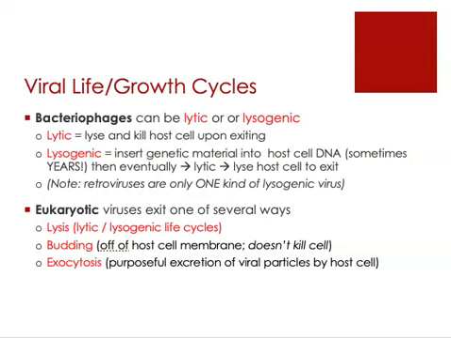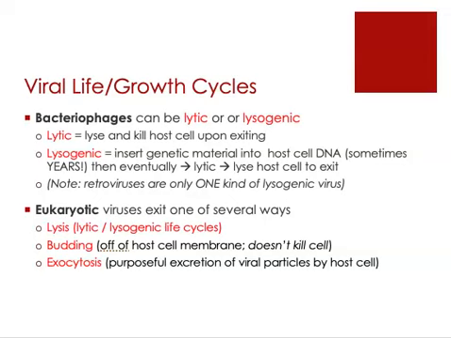We've also talked about how some viruses, including retroviruses, can just stick themselves into the host DNA and just sort of sit there for a while. So let's think about these life cycles in a little more detail.